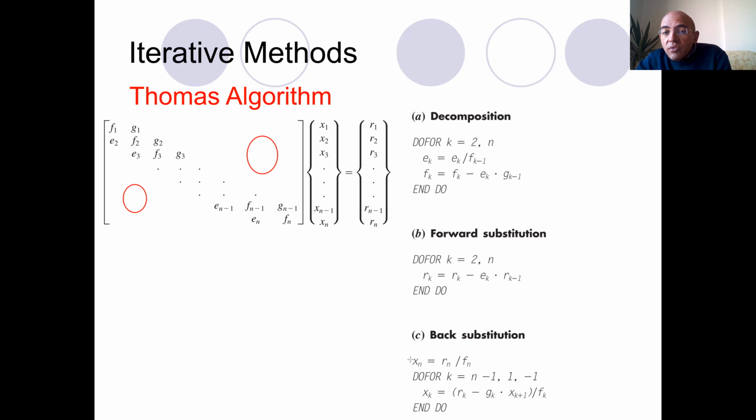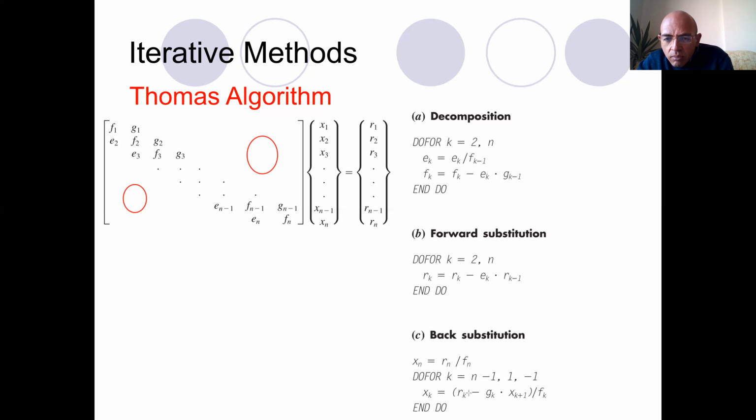This is significantly advantageous. Let's look at the number of iterations. You do n-1 iterations here, you do n iterations here, and you do again n-1 iterations here. And just look at the number of floating point operations. Here you have one division, one multiplication, and one subtraction. So you have 3 multiplied by n-1 here. You have 2 multiplied by n-1 here. So it makes 5 multiplied by n-1.